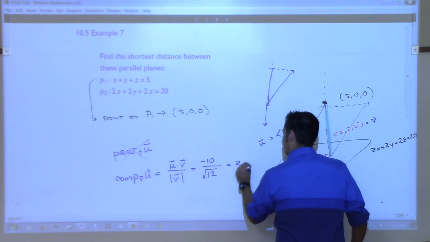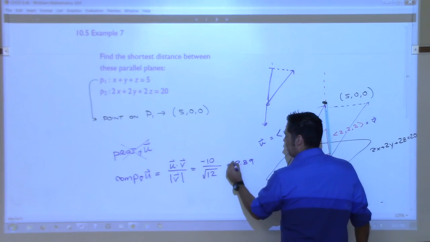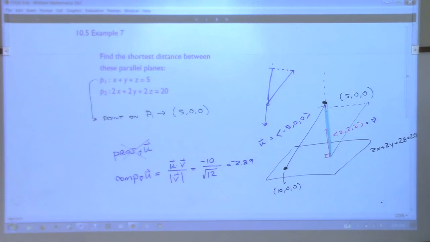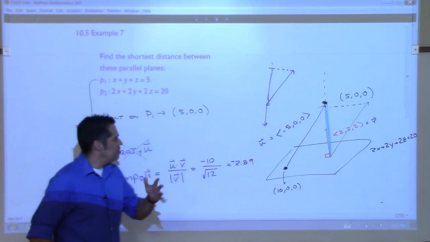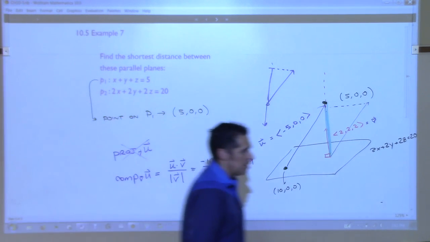It's negative here, but in terms of the distance, we'll just take the absolute value. So the distance between those planes is about 2.9-ish units, the minimum distance between those two parallel planes.